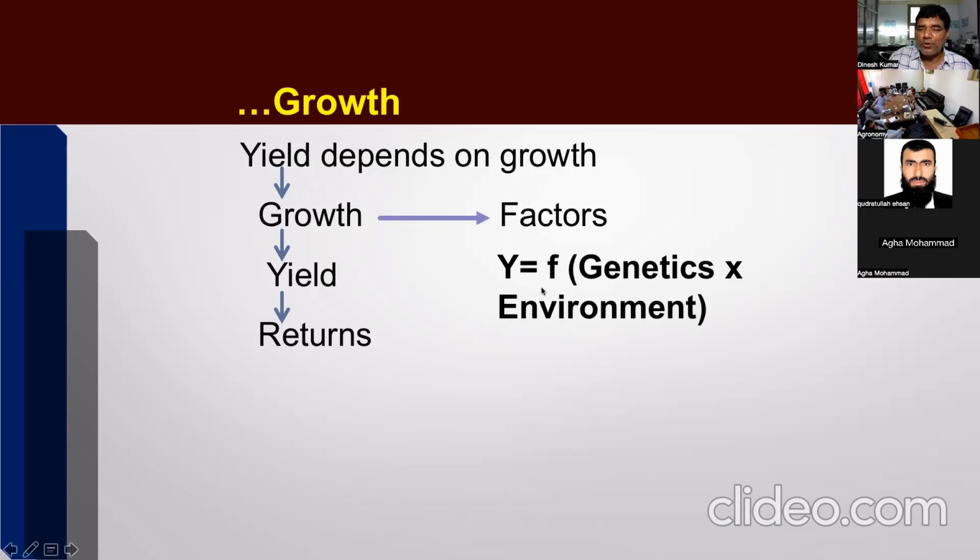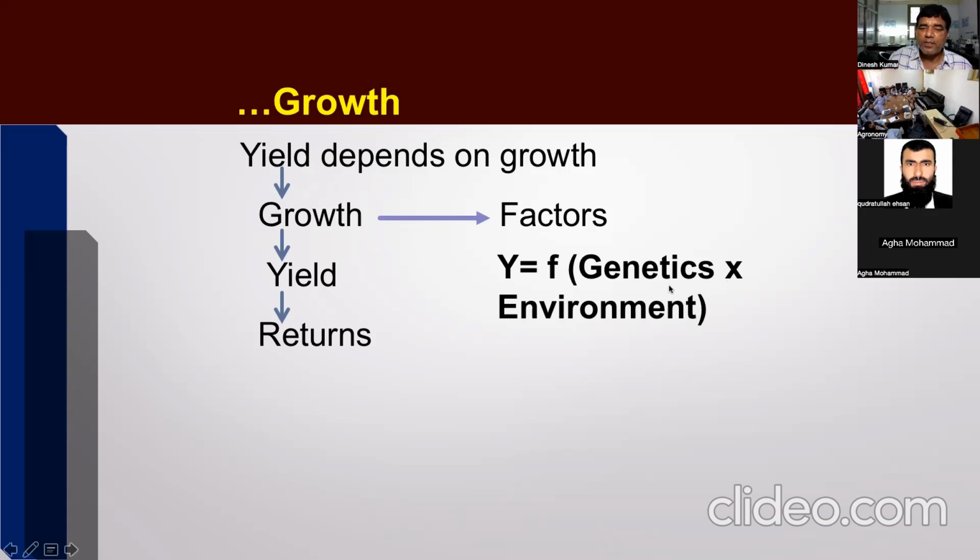As you also know, growth or yield is affected by genetics and environment. Genetics is the plant type, the variety we are taking, the crop which we are growing, which will affect the growth and yield. And also the environment: the soil environment, the climatic environment, the water environment, all these factors will affect the growth or yield of the crop.